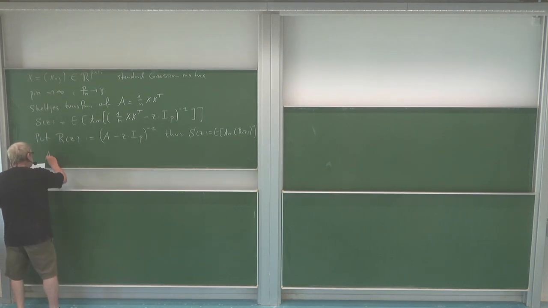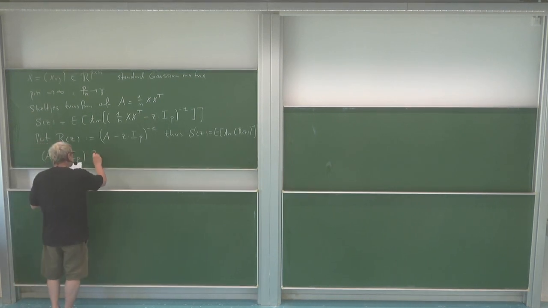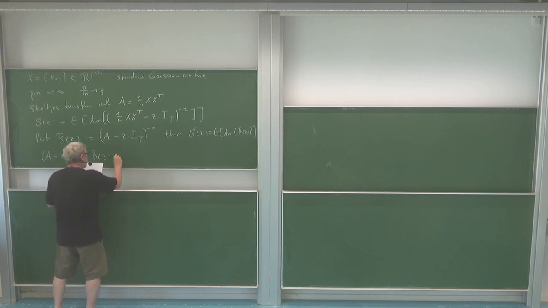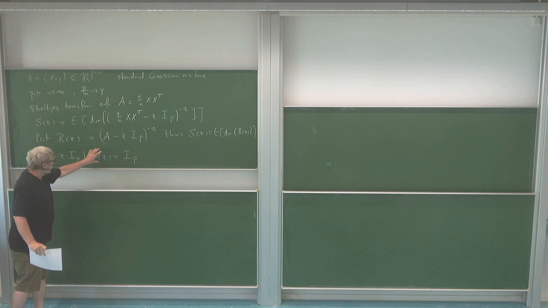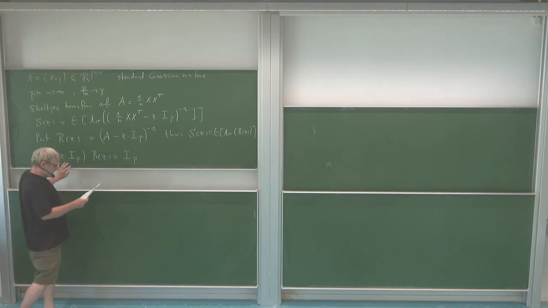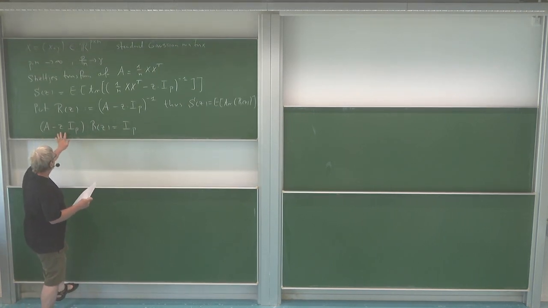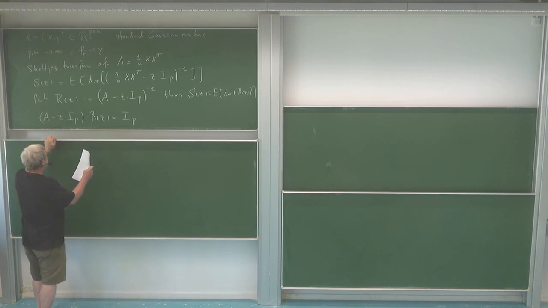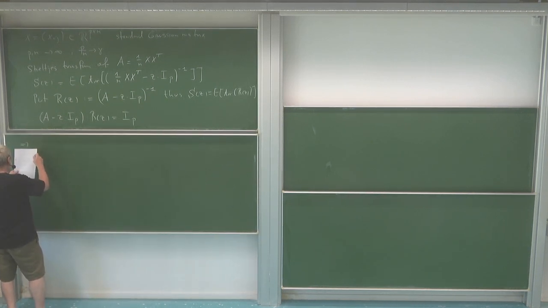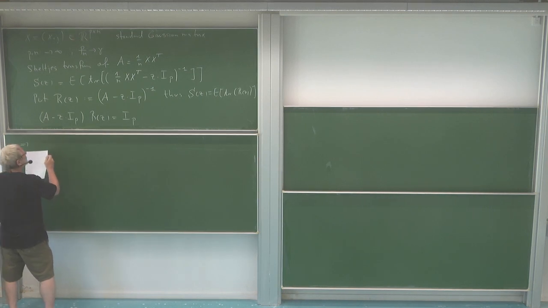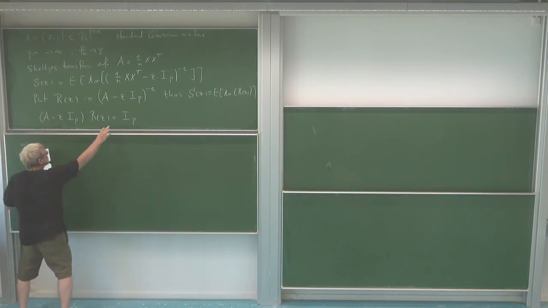So of course this means that A minus Z times the identity times the resolvent is equal to 1. This is just what it means, that this guy is the inverse of this. Okay, but of course we can multiply this out. So let me start from this side.